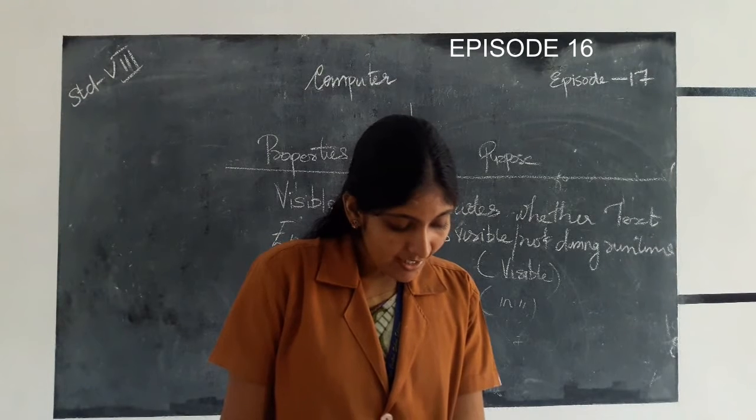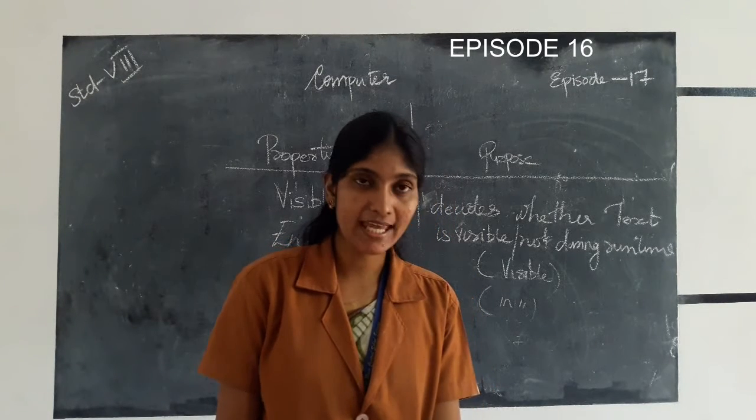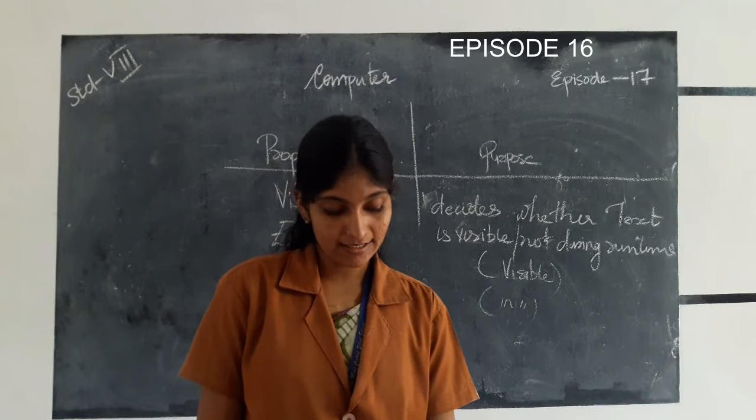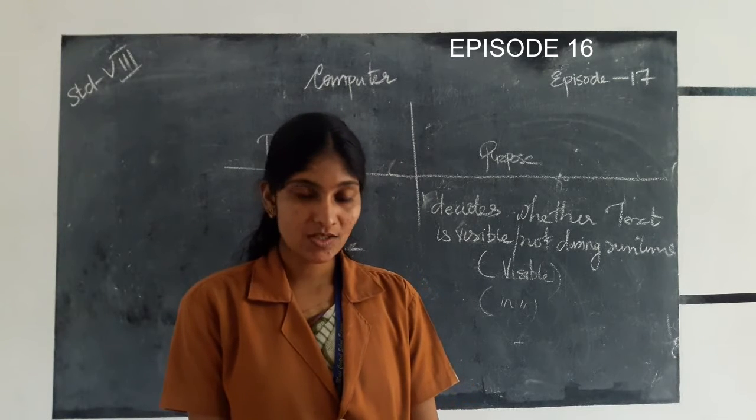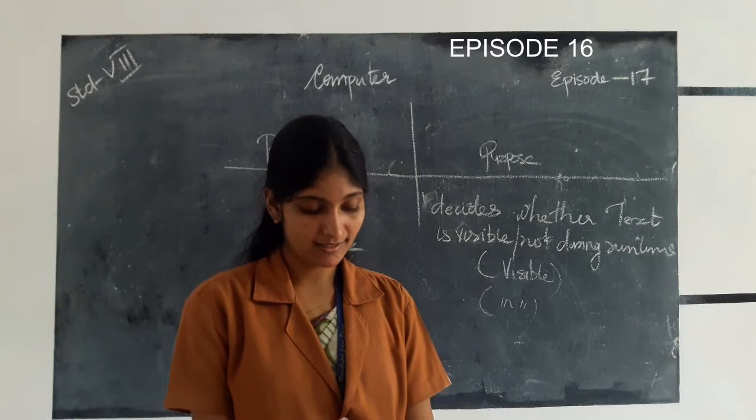Next is password char or password character. A character you enter in it will replace each character you enter in the text box. For example, if you enter star for this property, then you type Ajay in the text box, it will appear as star star star star.